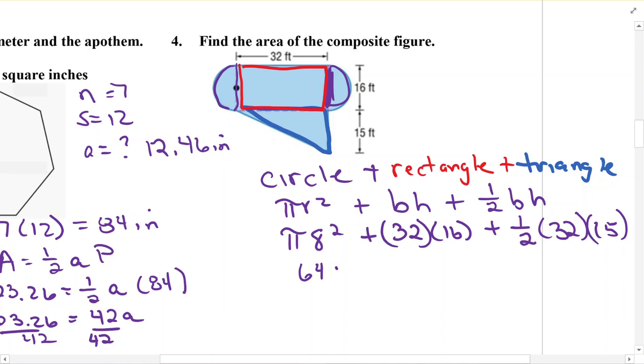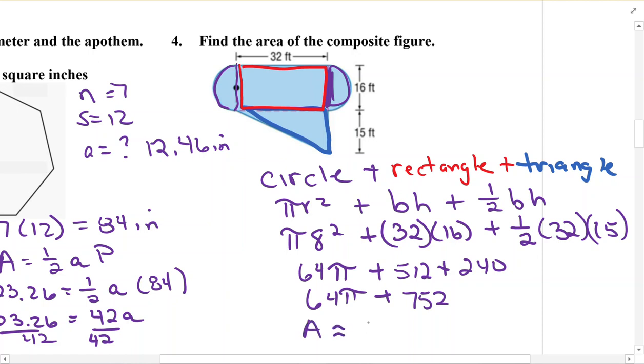So we're going to have 64 pi plus 32 times 16 is 512 plus 1/2 of 32 times 15, which is 240, which would give us 64 pi plus 752. So the area is approximately 953.1 feet squared.